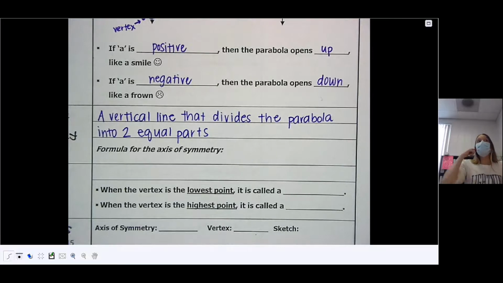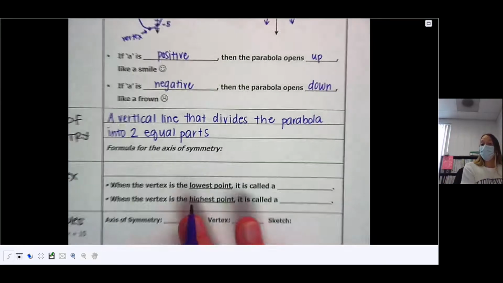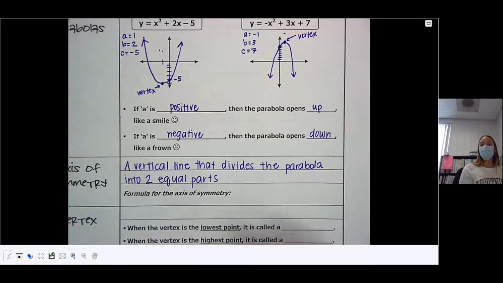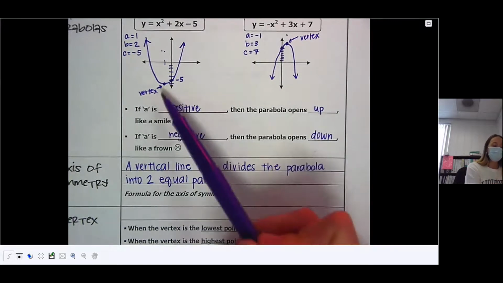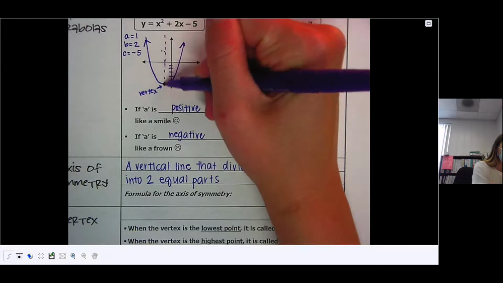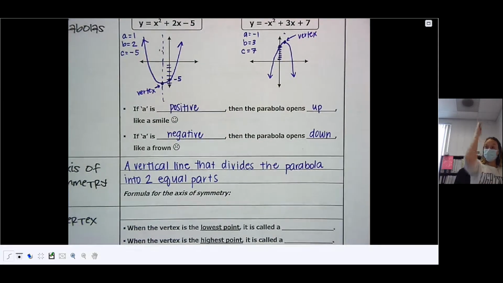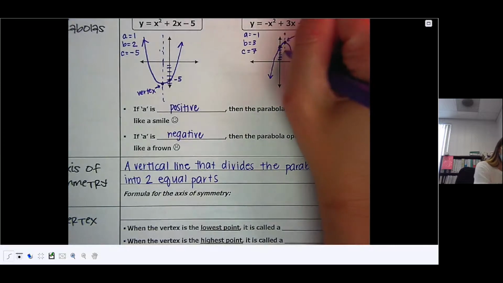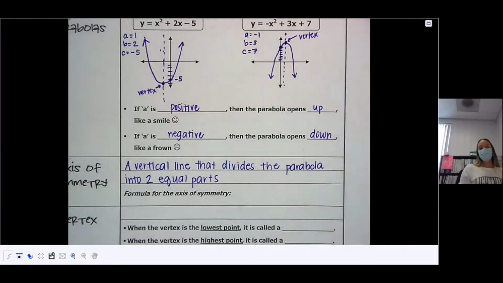If you were to look at the 2 graphs that we just did, your axis of symmetry should go right through the vertex. So your axis of symmetry in this problem is right there, right? It cuts it in half. Same with this one, it cuts your graph in half. That's where your axis of symmetry is.